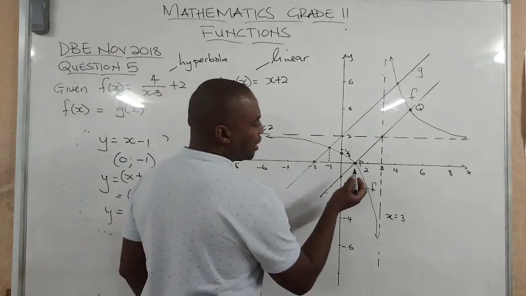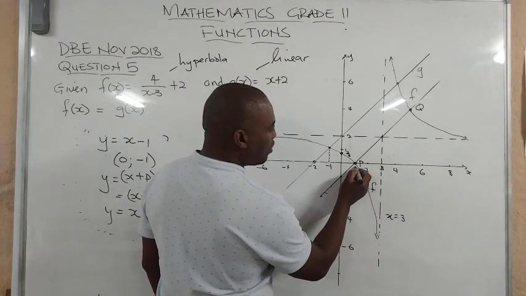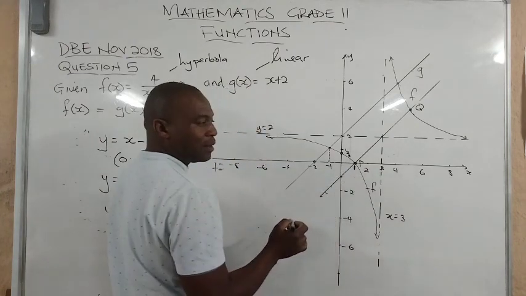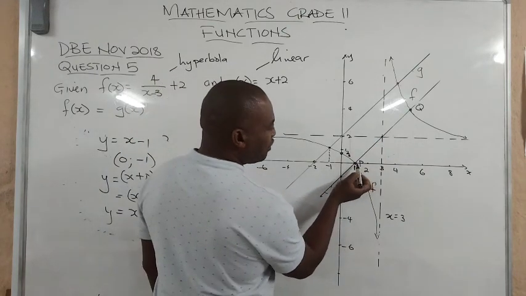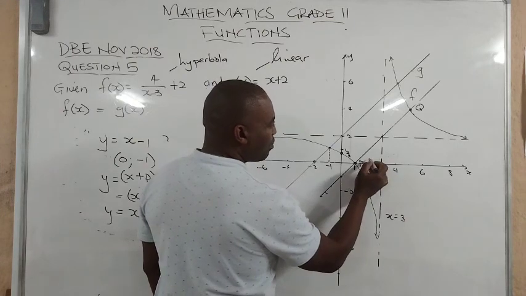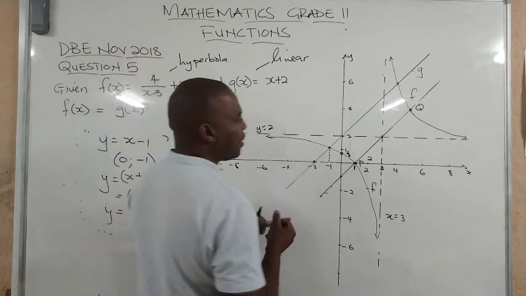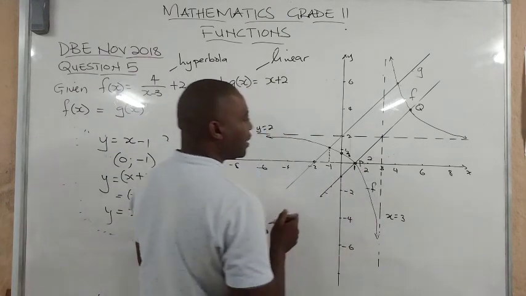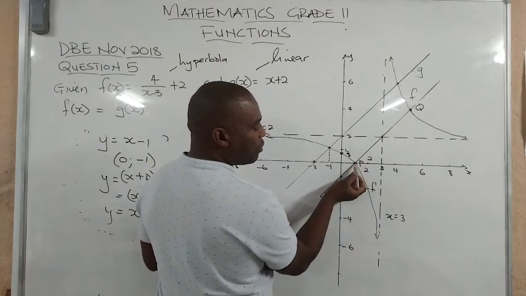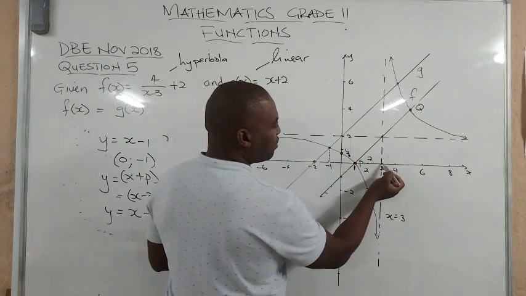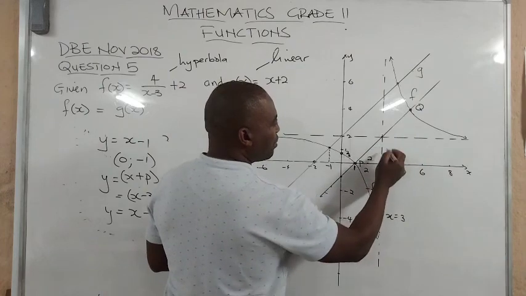So we can take in transformation ways how many units are we moving horizontally and how many units are we moving vertically. So we realize that from 1 to 3 we move 2 units. And then vertically, the y coordinate here is 0. That means we are moving from 0 to this point, that is vertically we are moving 2 units.